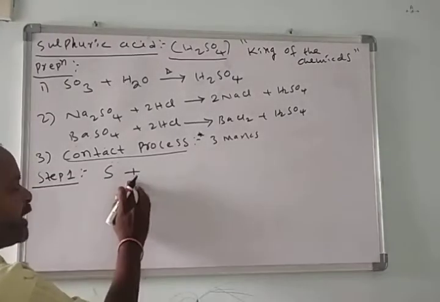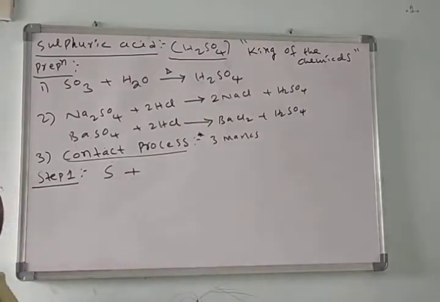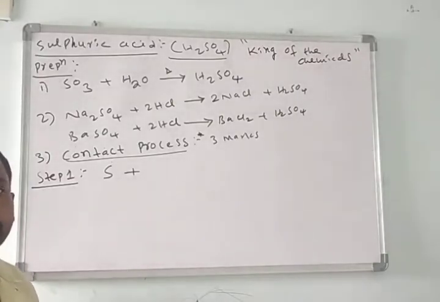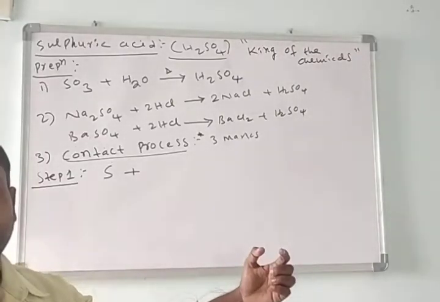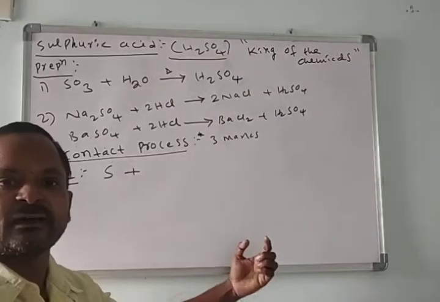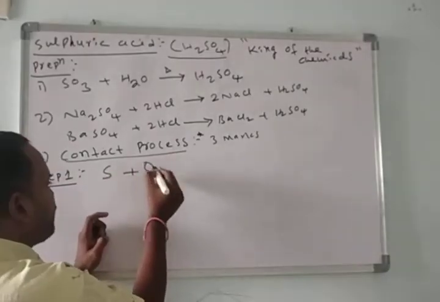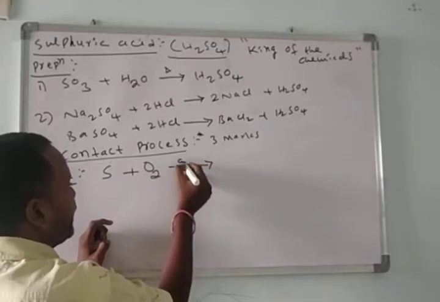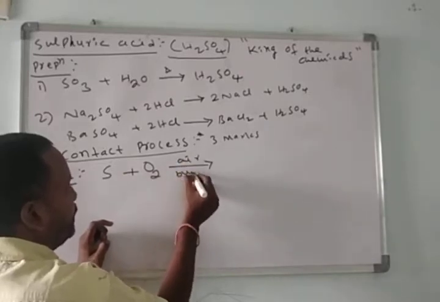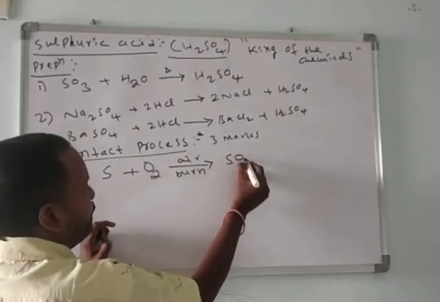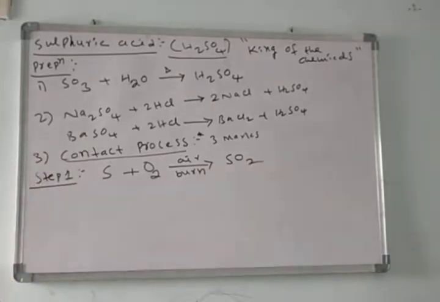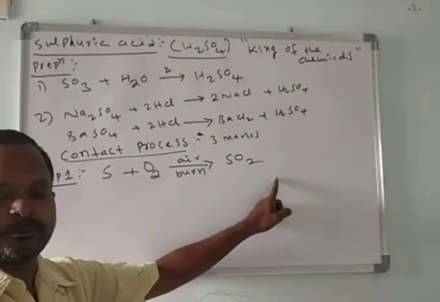Here the sulfur material or sulfide ore material burns in air in the presence of oxygen. This sulfur reacts with oxygen in air, burns and forms sulfur dioxide.